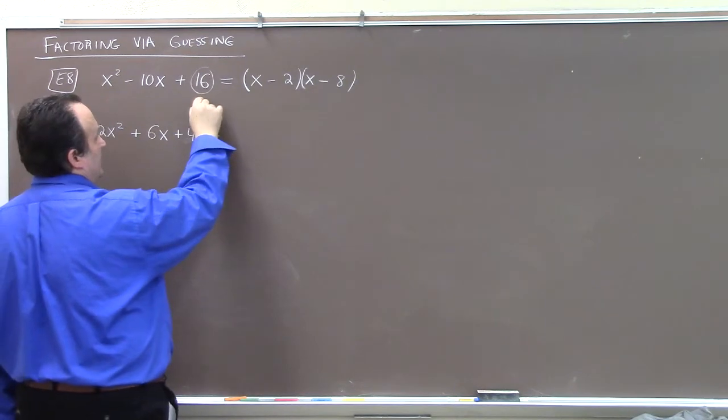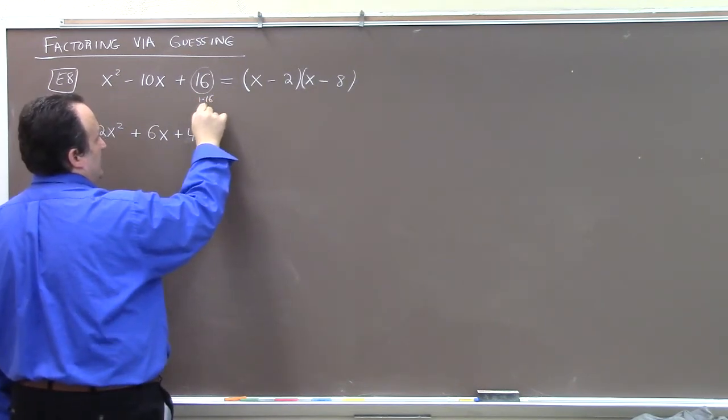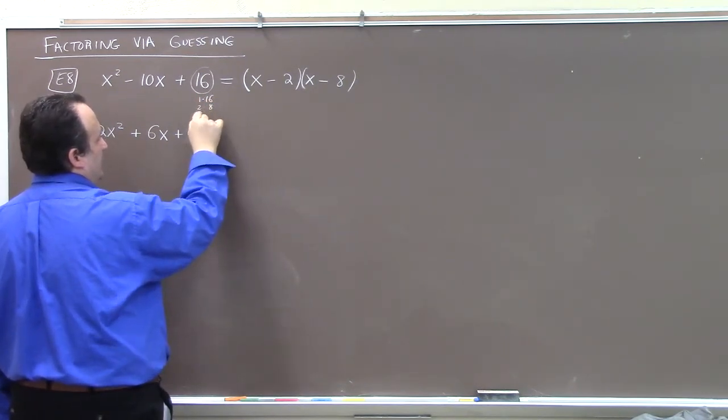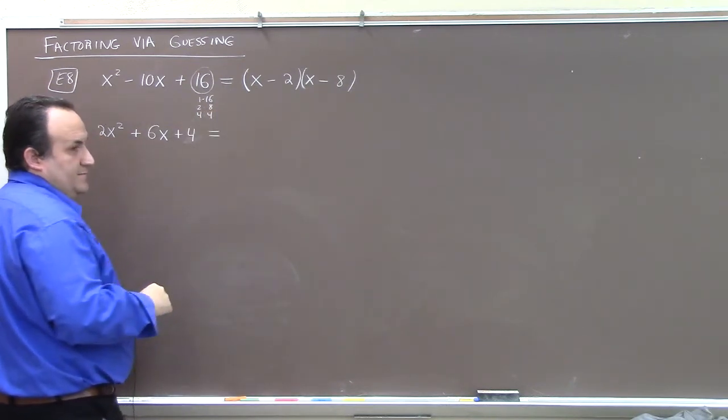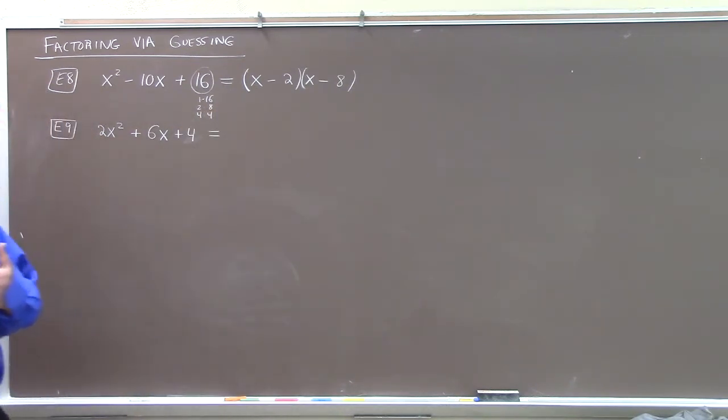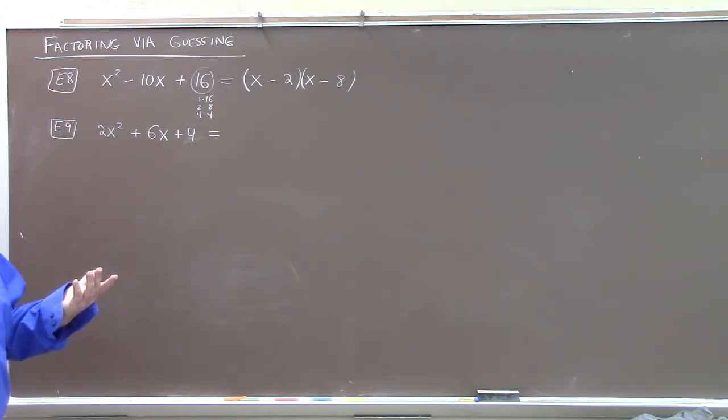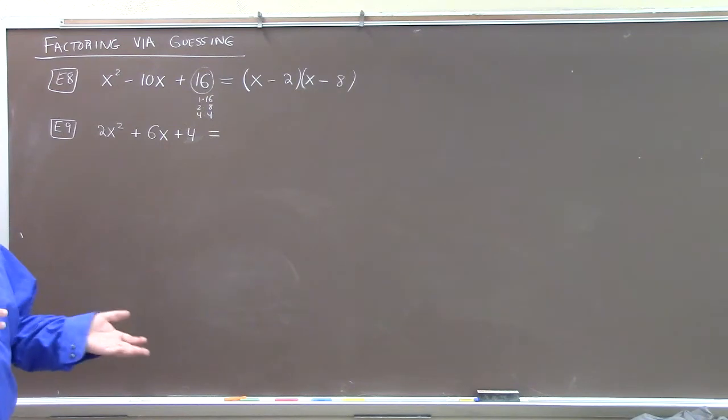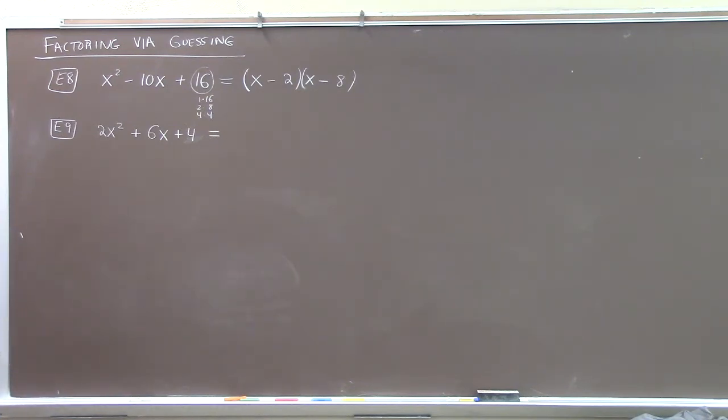It's 1 times 16, 2 times 8, 4 times 4. Those are ways I can multiply numbers to get 16. But I could also do minuses of those to still get 16. So there are six natural, easy things to think about here. And since we got the 10, it forces us to look at the 2 and 8 possibility, and then the minus because we got a minus 10.